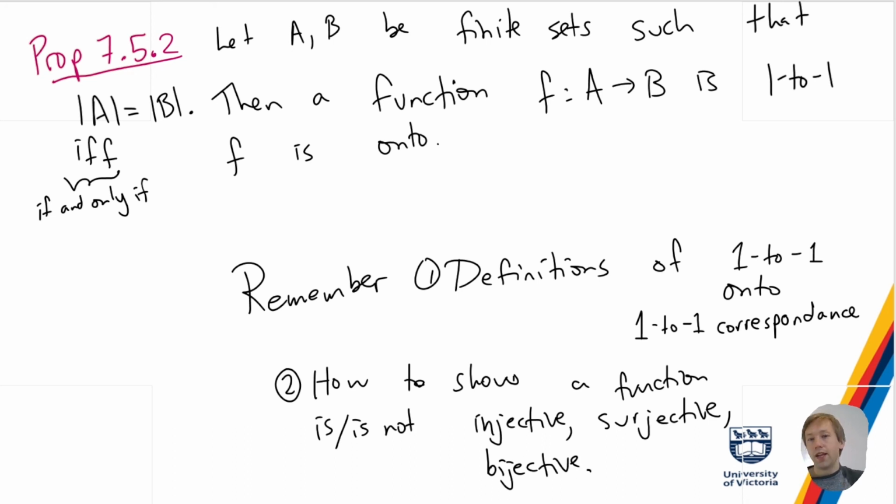And if you're concerned that I didn't give you any examples showing things are bijective, well, that's because it's the same as showing something is injective and surjective. So if you know how to prove that a function is or is not injective, and you know how to prove that a function is surjective or not, then you know how to prove that a function is or is not bijective.